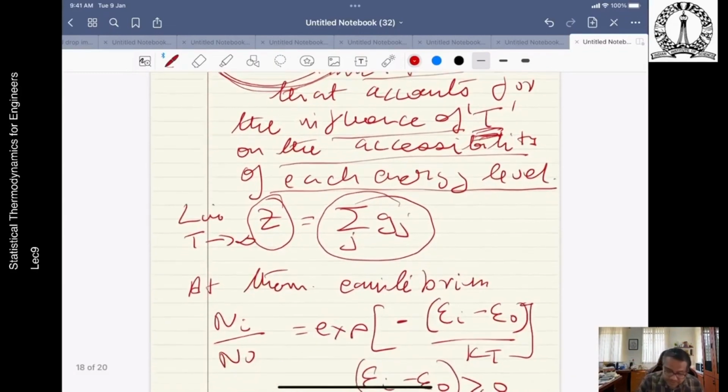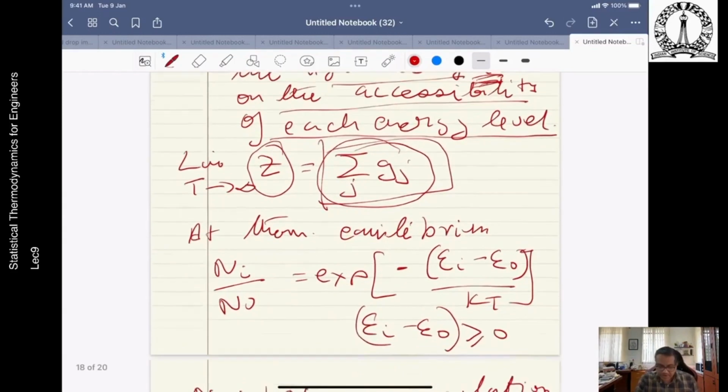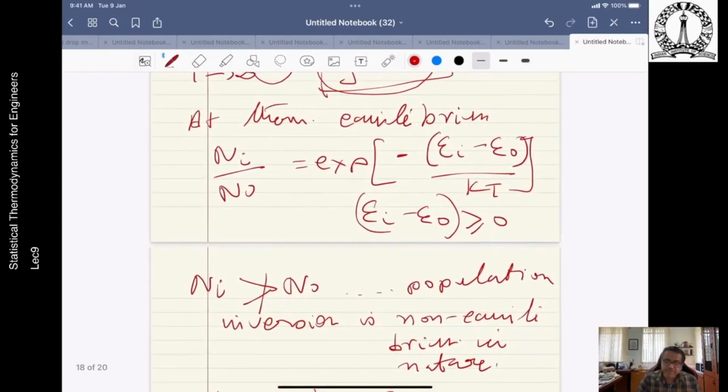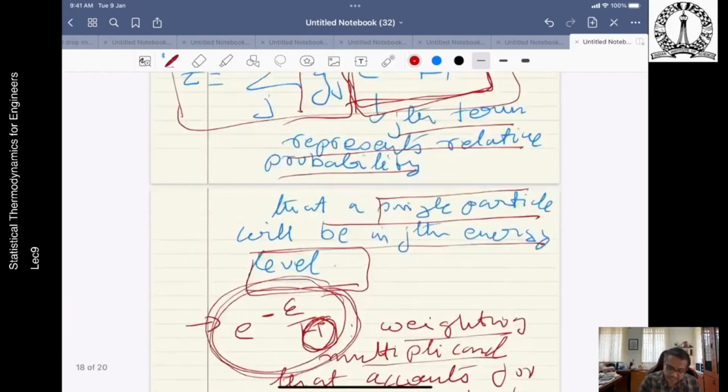At high temperature, this becomes just the sum total of the degeneracy. And you can see from this expression that Ni by N naught is always greater than 0, so this actually proves that this cannot be valid. Therefore, population inversion is a non-equilibrium process in nature.